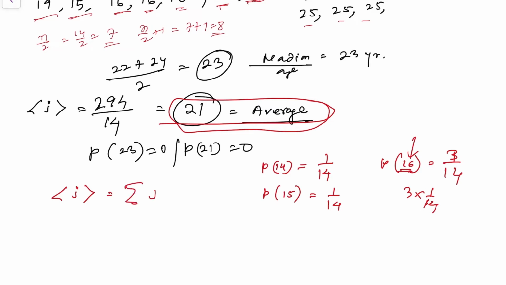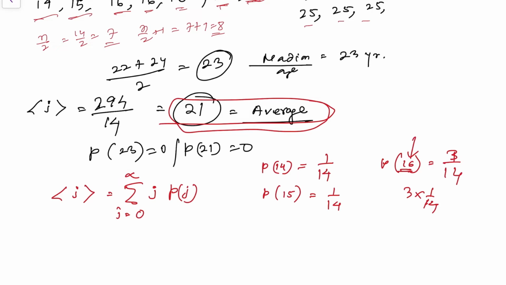So you can write the summation of j into P of j, the probability of j, from j equal to 0 up to infinity. That's how we can find the average.